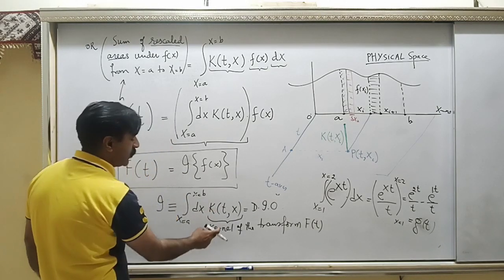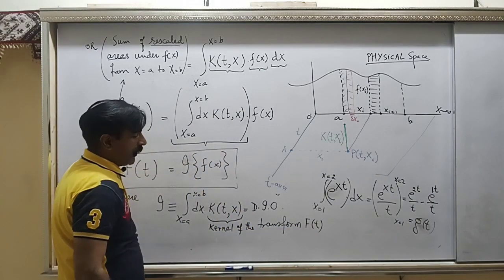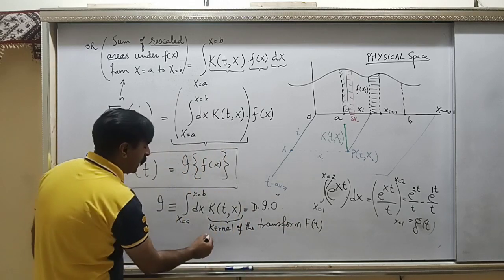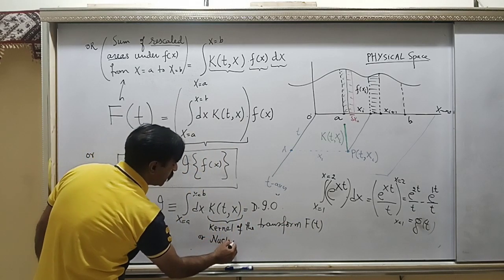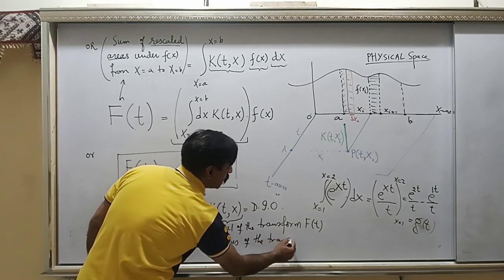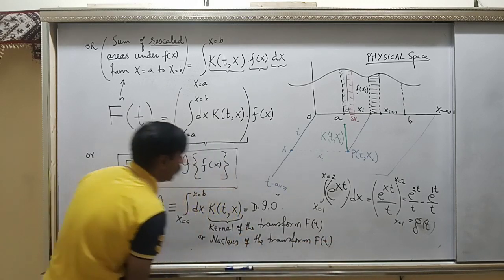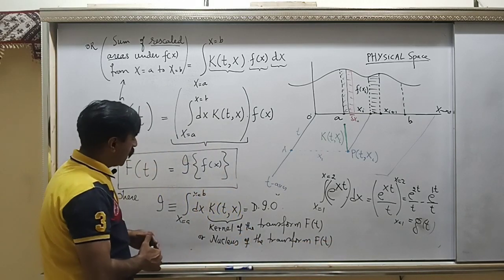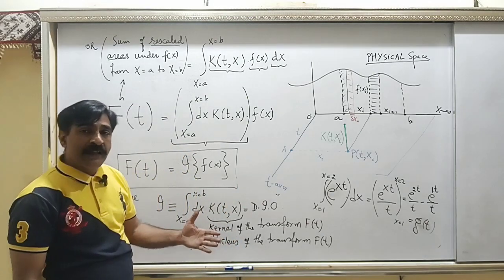And this K(t,x) is known as the kernel of the integral transform, or of the transform F(t), or it has another name: it is also known as the nucleus of the transform F(t), right? I hope you now understand what an integral transform is.